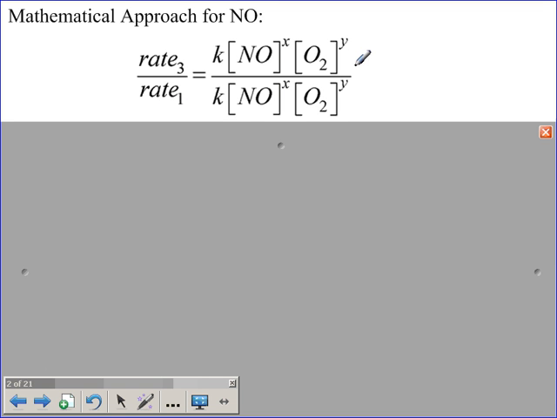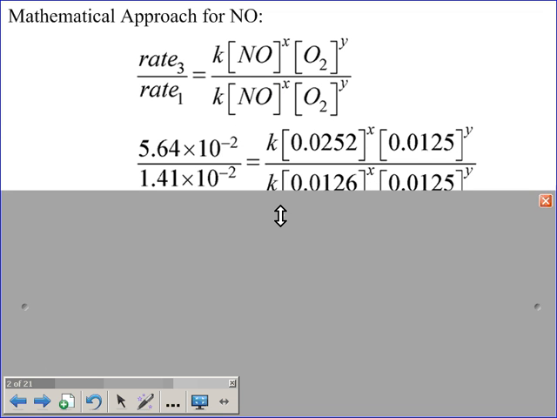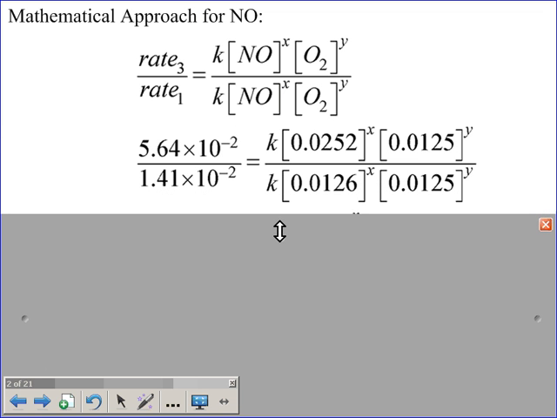The rate law for each one is k times NO concentration to the x, O2 concentration to the y, and by substituting in the numbers for rate 1 and rate 3, I come up with these values. Here's the good thing: since k is the same top and bottom, it cancels. Since the concentration of O2 is the same top and bottom, they cancel, including the y. So I'm left with only this remaining.